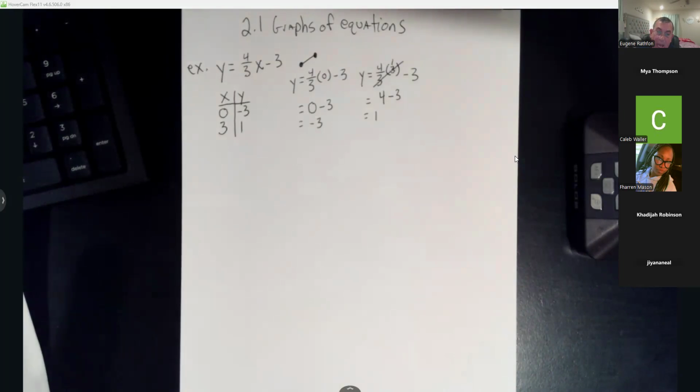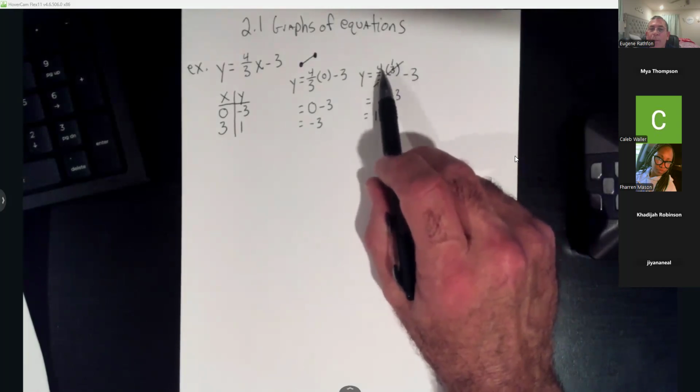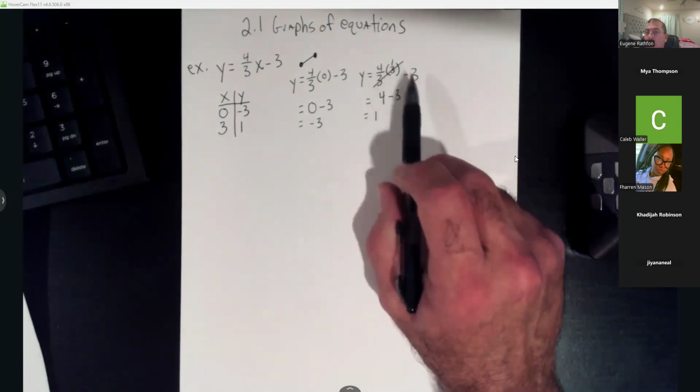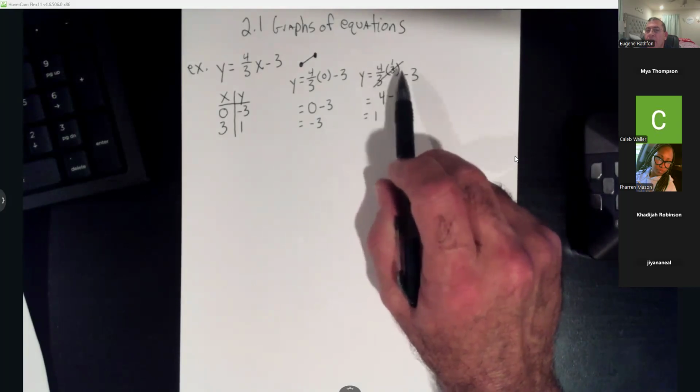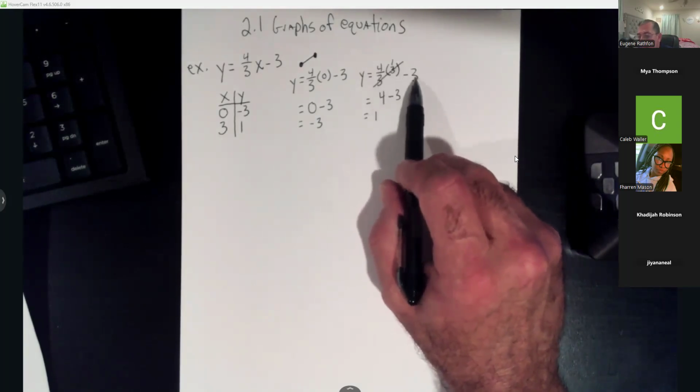Now, y'all, if you like finding common denominators and stuff like that, you can use other numbers, okay? See, if this would have been a 1, 4/3 times 1 would have been 4/3. And then I would have had 4/3 minus 3.